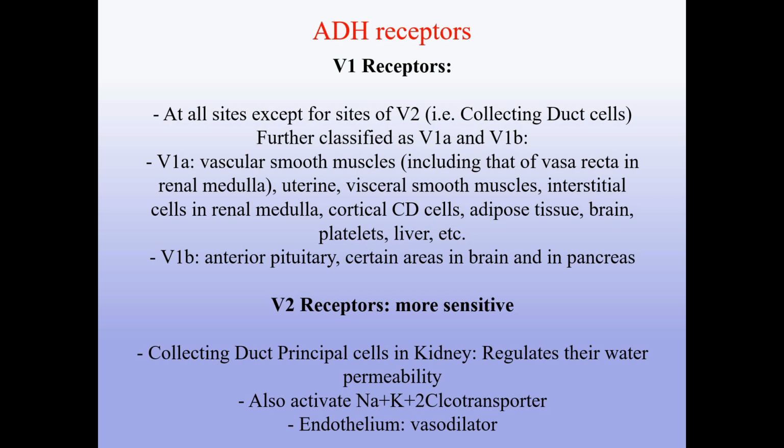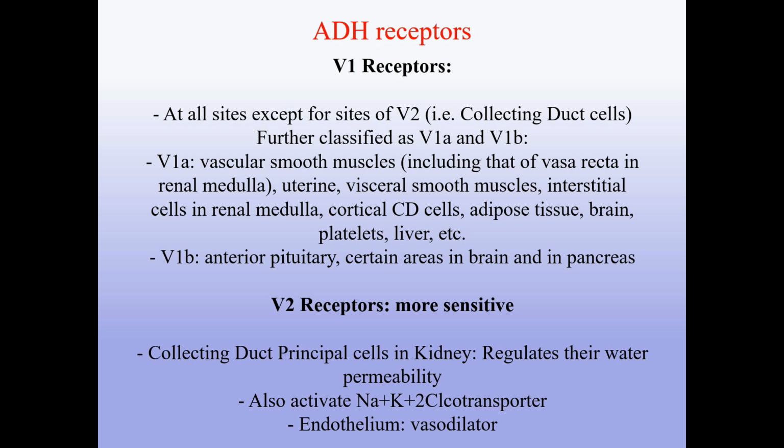Antidiuretic hormone receptors. V1 receptors at all sites except for V2 collecting duct cells, further classified as V1A and V1B. V1A: vascular smooth muscles, including that of vasa recta in renal medulla, uterine, visceral smooth muscles, interstitial cells in renal medulla, cortical collecting tubule cells, adipose tissue, brain, platelets, liver, etc. V1B: anterior pituitary, certain areas in brain and in pancreas.